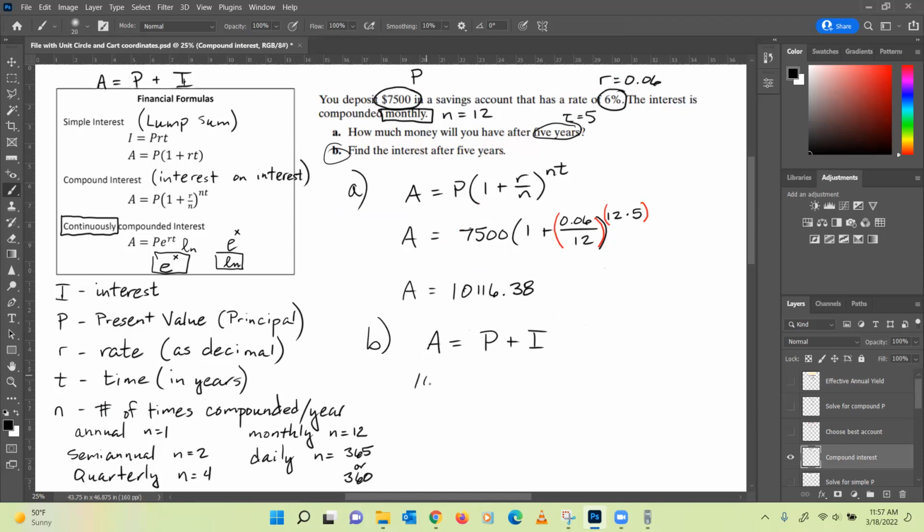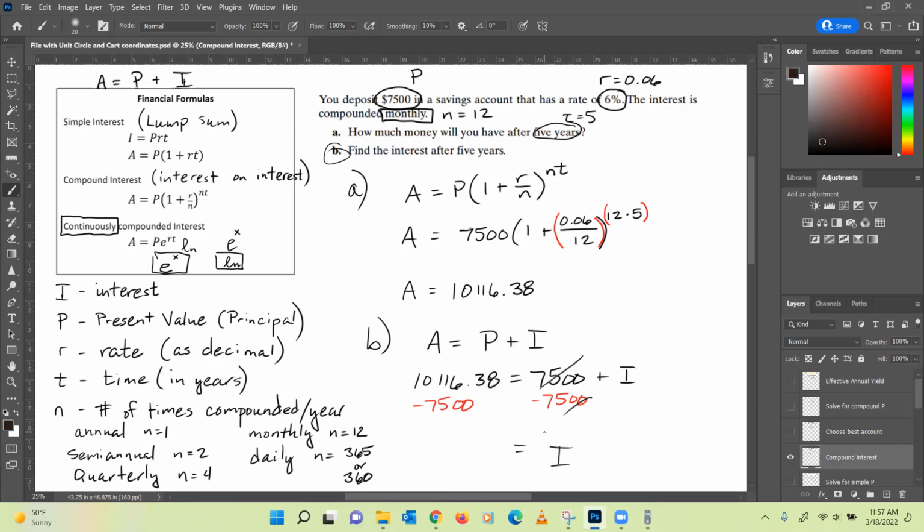So now we know our A value. And the P was given in the problem as 7,500. The question is, how much is interest? Those two are added together. In order to reverse that, I would subtract. And those two will cancel, leaving me just interest. So 10,116.38.